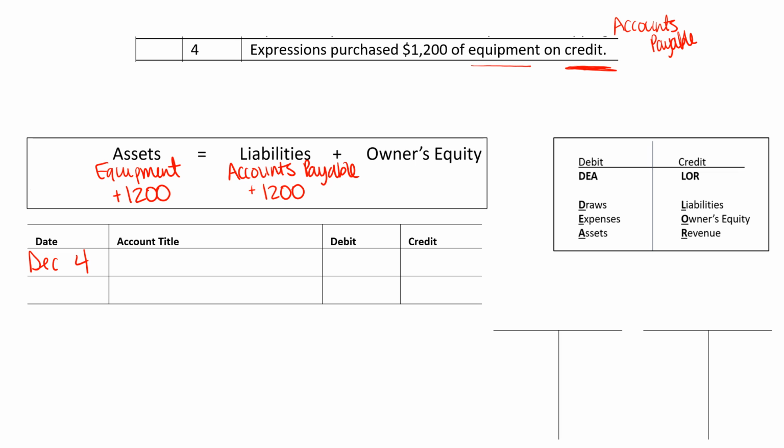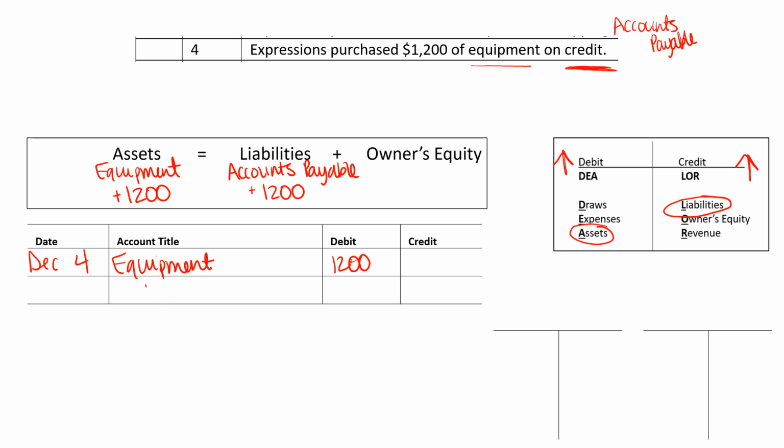So for our journal entry, let's start with equipment. We know that equipment is an asset, and assets are increased with a debit. So we'll debit equipment $1,200. Then accounts payable. Accounts payable is a liability. Liabilities are increased with a credit.